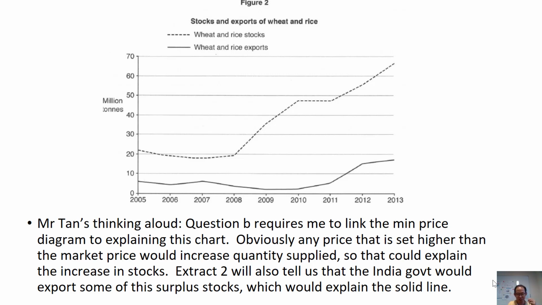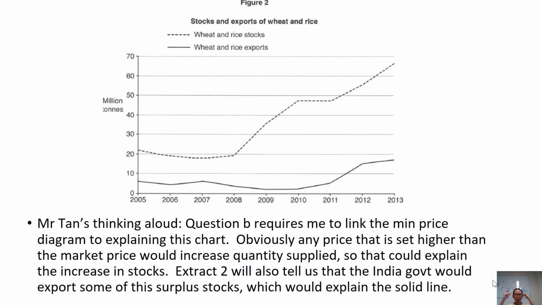Because if you look back at question B, they say with the aid of a diagram, which means I must definitely use a diagram. But after I use the diagram, I must make sure that the diagram helps to explain this changing trend for both wheat and rice stocks, which is increasing, as well as the increasing wheat and rice exports.